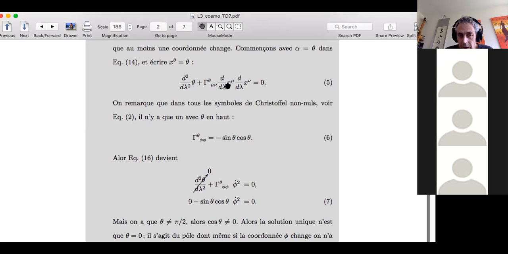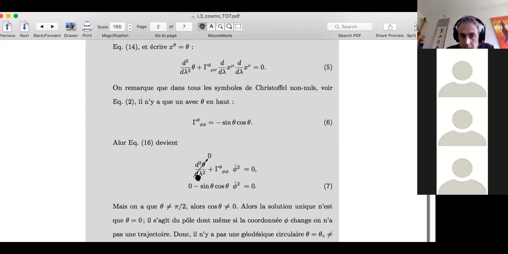Let's just say x phi is the phi coordinate. So we have d phi d lambda, which let's call phi dot. And then nu had to be phi as well, so we have the same term here. So it's in fact phi dot squared.